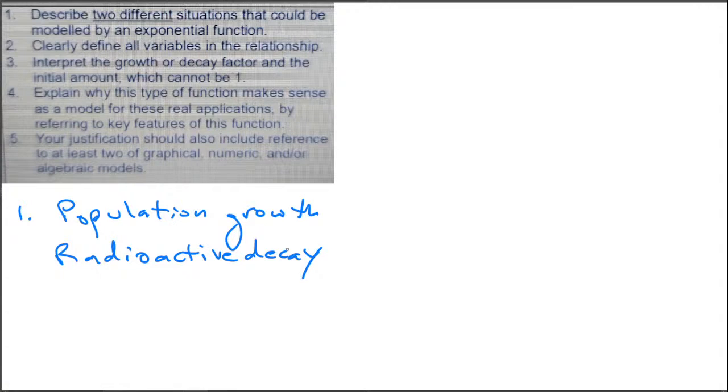And then it says to clearly define all variables in the relationship. I don't know which relationship they're talking about. So we could do A times e to the kt. This might be a thing here. A is the initial amount. It's just a number. e is approximately 2.7 something.